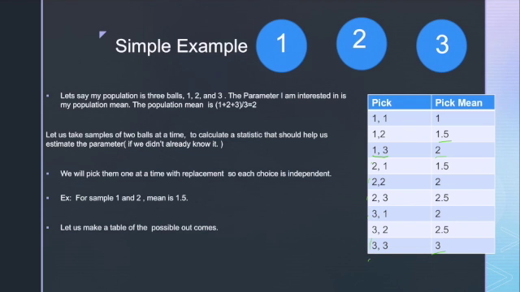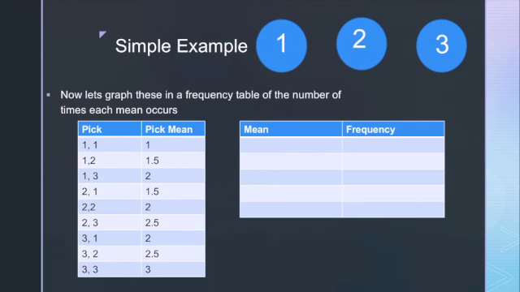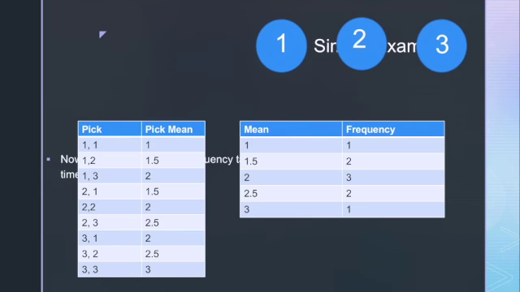So let's make a table of our means and the frequency in which they occur. Here I have a mean of 1, and it occurs once. A mean of 1.5 occurs twice. A mean of 2 occurs 3 times. A mean of 3 occurs once, and a mean of 2.5 occurs twice.